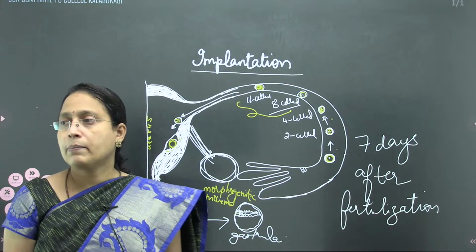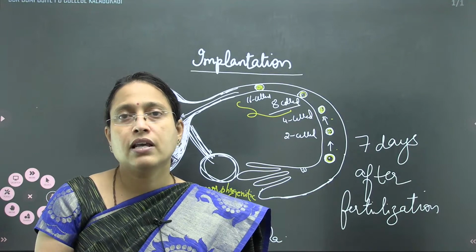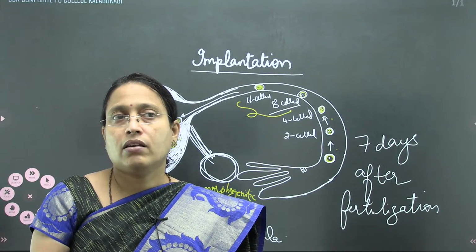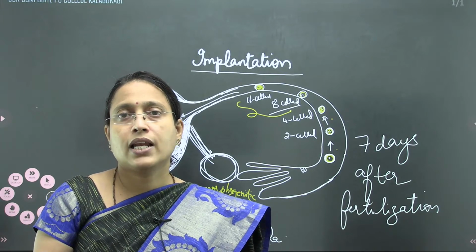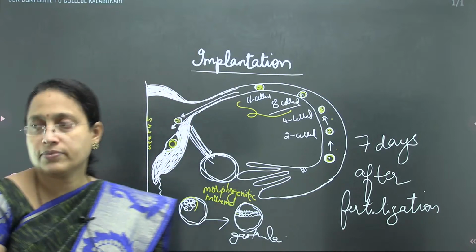Some examples of morphogenetic movements are invagination, ingression, emboly, and delamination.